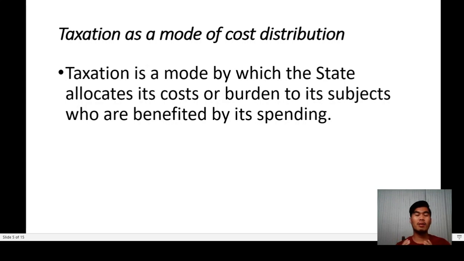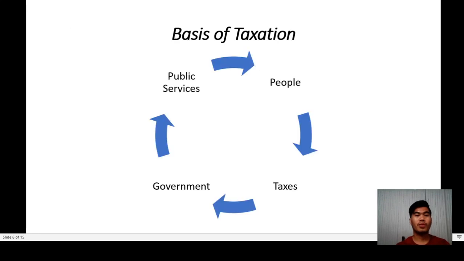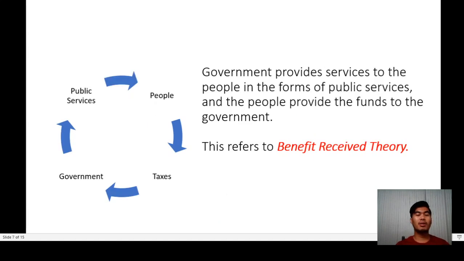So, kukuha naman siya ng buwis from the people it governs. So ito, basic of taxation. The government provides public services to the people, and then yung mga tao naman ay magbabayad ng buwis sa government. The government will provide service to the people in the form of public services, and the people provide the funds to the government.